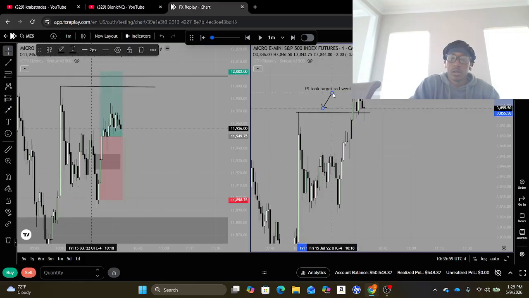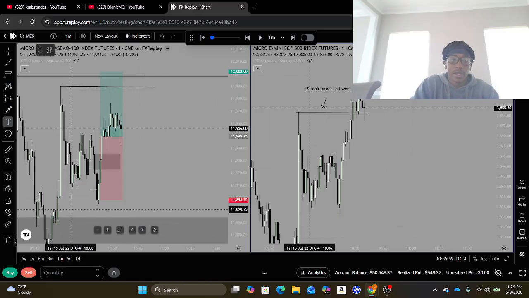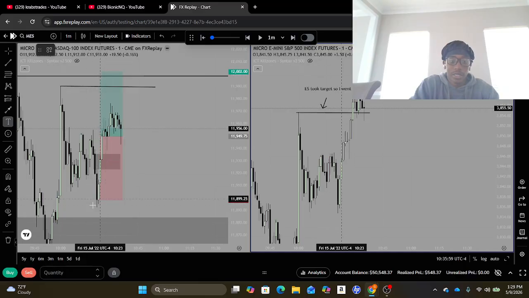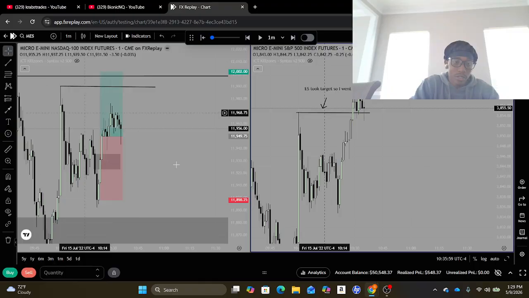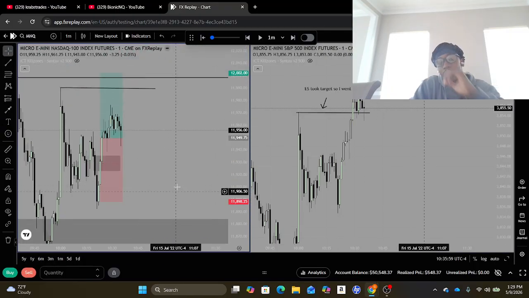Why do I need to execute like this? Because if ES takes that high, then this is no longer as strong, especially since this is not this low. If this low was this low, then I'd probably let it ride because I'm so convicted in that draw.